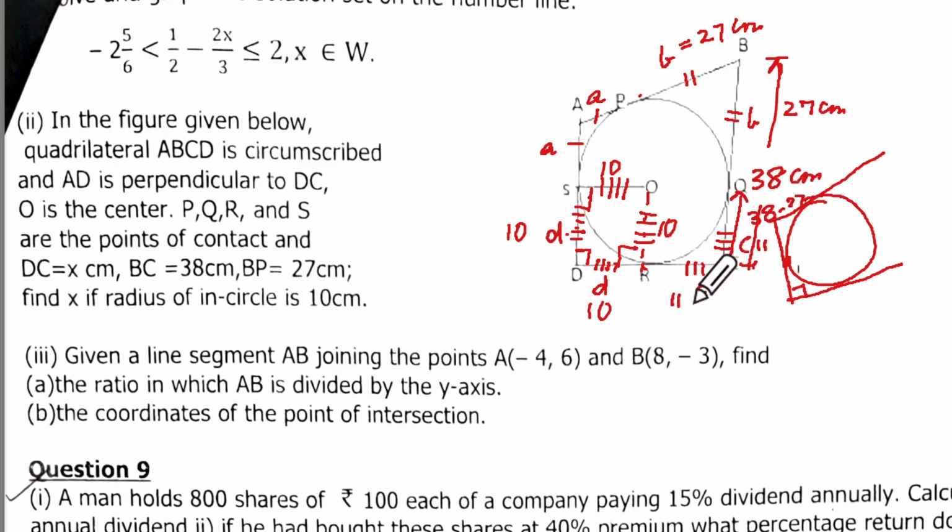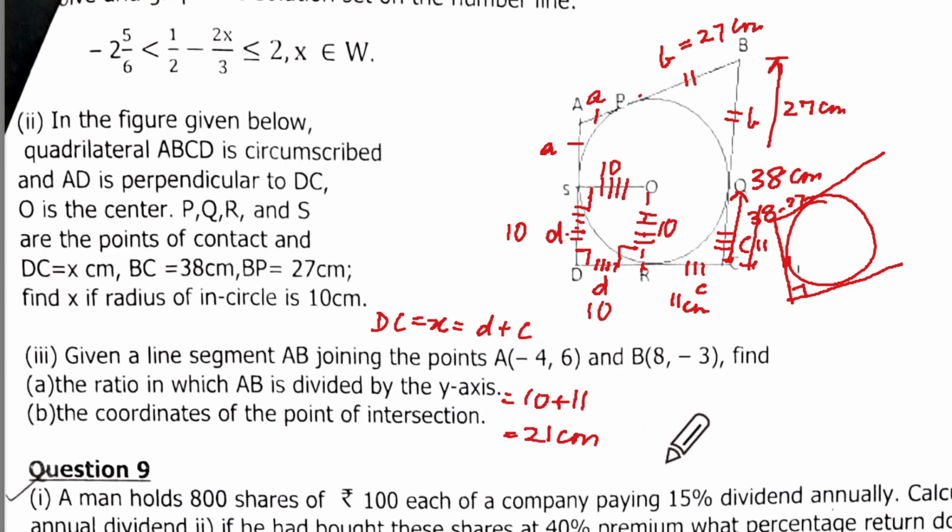So this will be 11 centimeter. So DC will be equal to x will be equal to D plus C, which is equal to 10 plus 11, which is 21 centimeter.